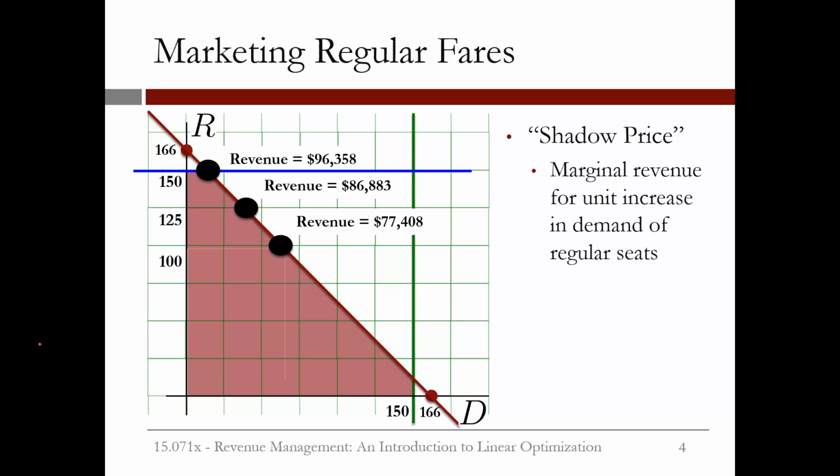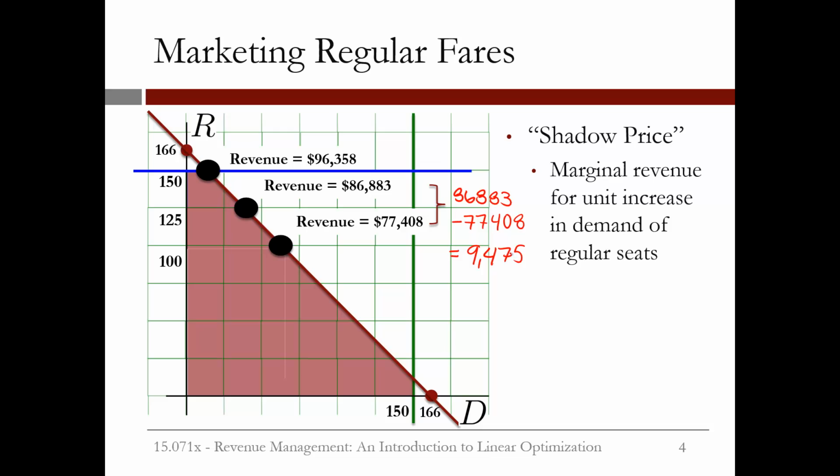Remember that the shadow price is the marginal revenue for a unit increase in demand, in this case of regular seats. From 100 to 125, the revenue increased by $86,883 minus $77,408, which is equal to $9,475.